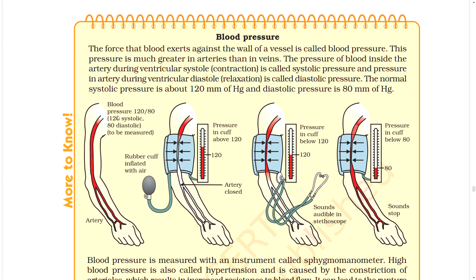Blood pressure 120 by 80, 120 systolic, 80 diastolic, to be measured. Artery. Rubber cup inflated with air. Pressure in cup above 120, artery closed.